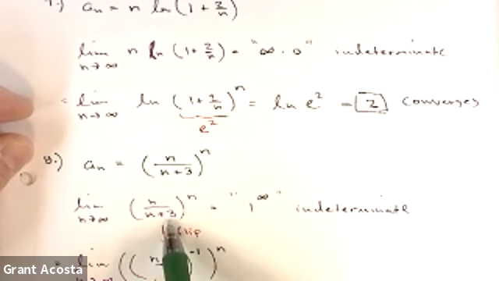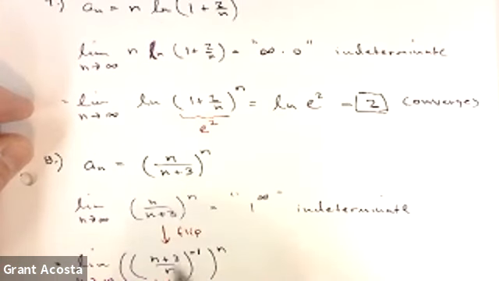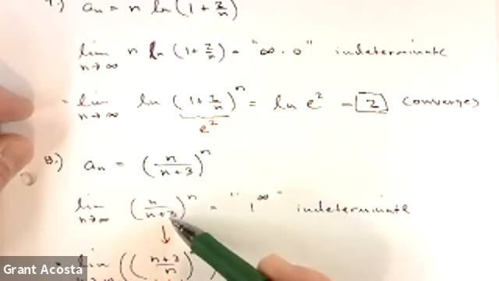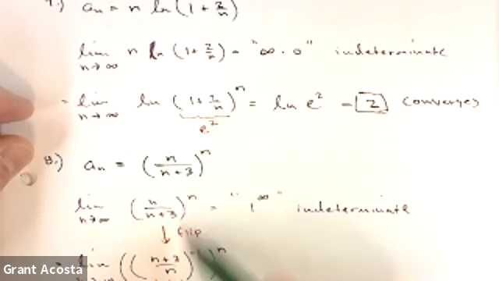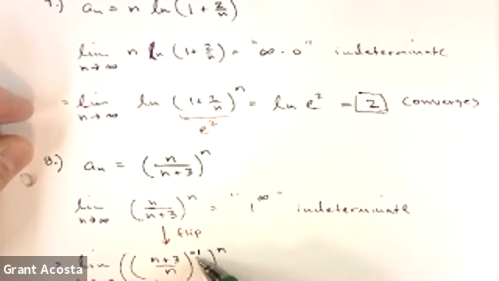So what I'm doing next is trying to manipulate this so that it has the form of that special limit that involves e^x. So what I'm going to do is flip the inside. I'm going to take the reciprocal of the inside, which is the equivalent to raising that to the -1 power, right? So this is the same thing as ((n+3)/n)^(-1), all to the n.